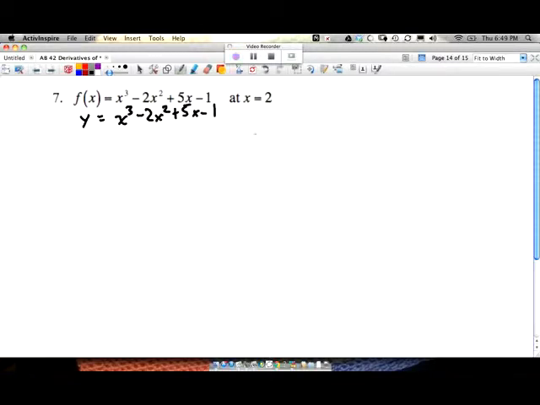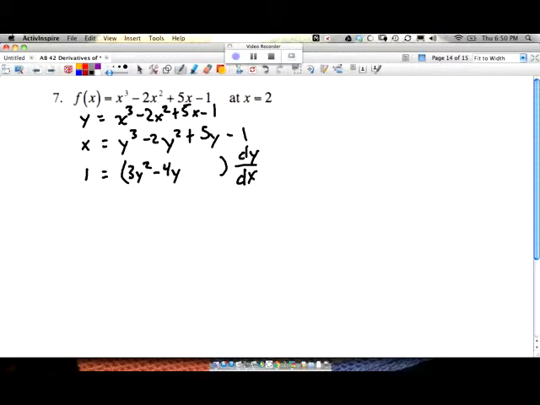Alright, not too bad. Let's switch them. Then we've got x equals y cubed minus 2y squared plus 5y minus 1. Now we take the derivative, we get 1 on this side. On the other side we've got all this stuff that's going to be times dy/dx. So let's go ahead and factor out that dy/dx, because all of them get a dy/dx since they're all terms of y. We got 3y squared minus 4y plus 5.